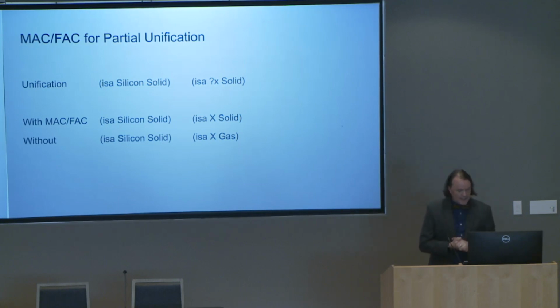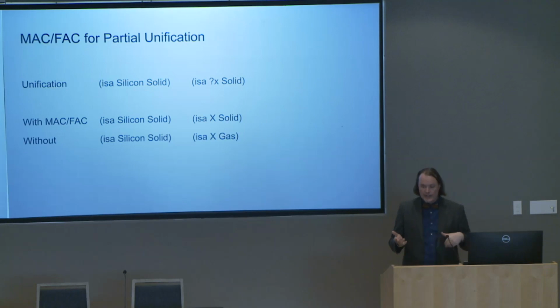And so thus we can say that silicon is a solid and silicon is a gas. Both of these can align. This is actually a desirable thing when using SME typically, but this is not going to be a desirable outcome when doing logic deductions. So this is one of the big reasons why when we run without Macvac, we get a lot more inferences and a lot more undesirable inferences, including many inaccurate ones.